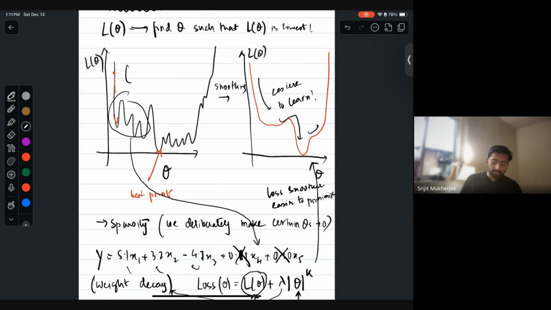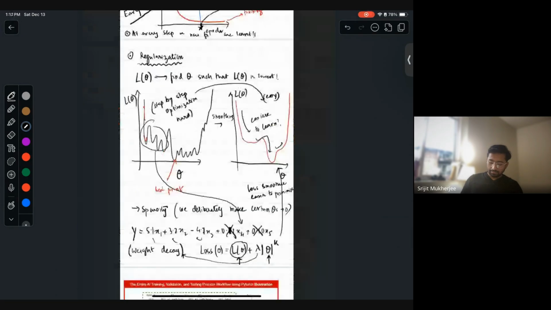Because we are doing gradient descent step by step, the optimization is hard here, and easy here. Make sense, guys? All of you? Very important stuff again, regularization. Okay?